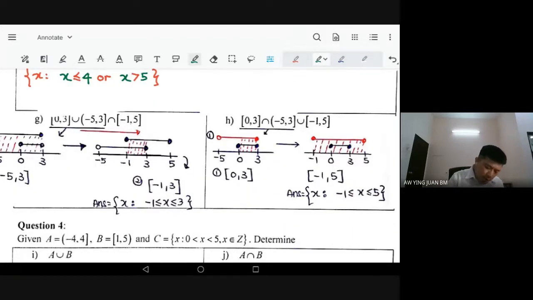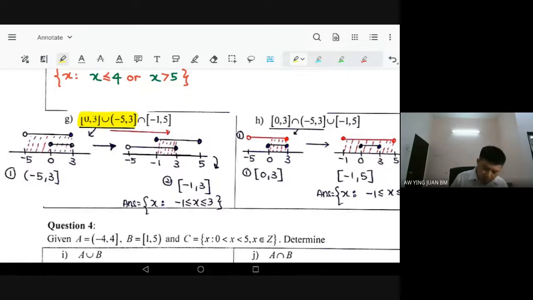So, setelah kita dah bincang 2 interval, kita pergi ke G and H, we have 3 interval. Using the same concept, in order to solve the problem or to represent the situation, buat dua-dua. Number 1, settle ini. Okay. So nampak saya dah buat, akhirnya saya dapat jawapan ini.